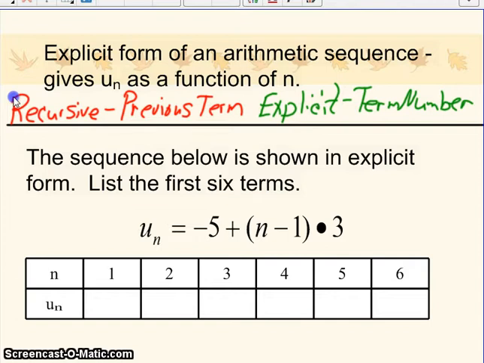All right, so in this formula, we don't have a use of n-1. We have an n, which is the term number. So I'm going to plug the term number into the formula.